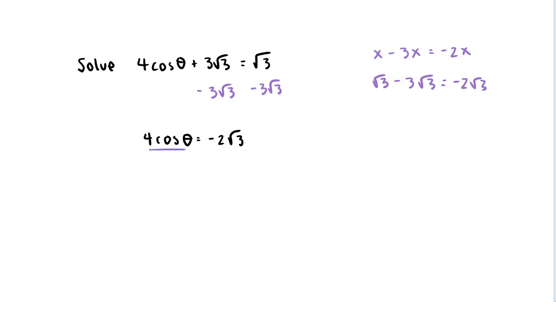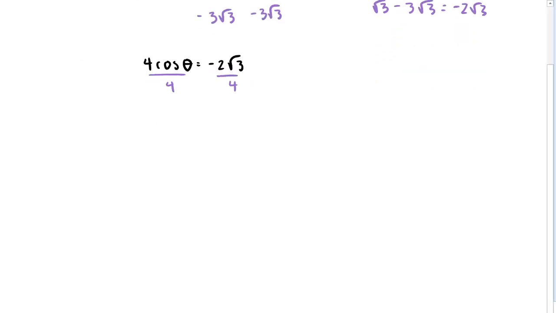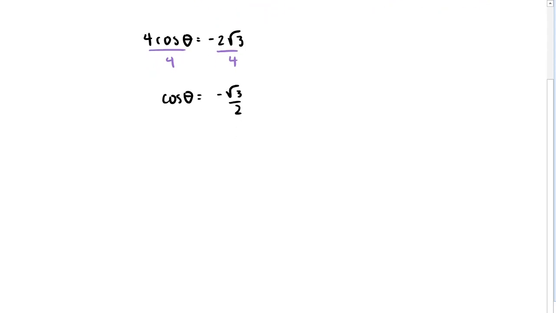And so to get cosine of theta alone, we can divide both sides by 4, and we get cosine of theta is equal to negative square root of 3 over 2. And so cosine of theta, what does it do? It gives us the x-coordinate corresponding to an angle of theta. So we want to look for all the angles which correspond to an x-coordinate of negative square root of 3 over 2 on the unit circle.